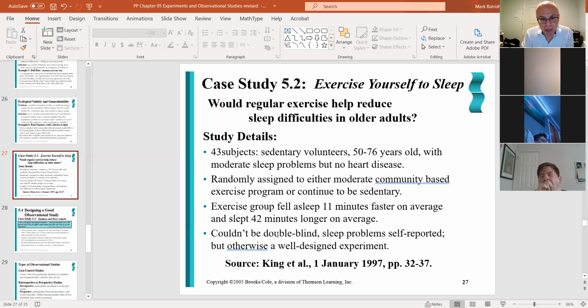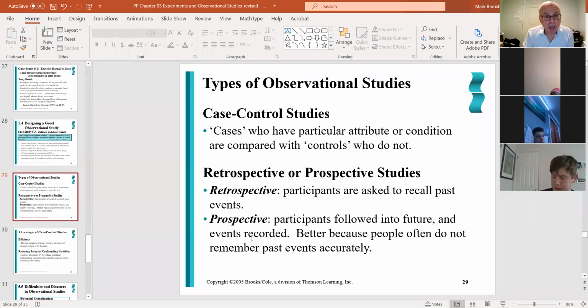And obviously the people assigning the treatments knew what was going on. So this could not be a double-blind experiment. The sleep problems were self-reported, but otherwise this is a well-designed experiment because people were randomly assigned to two treatment groups. All right, so that was not a badly designed study.